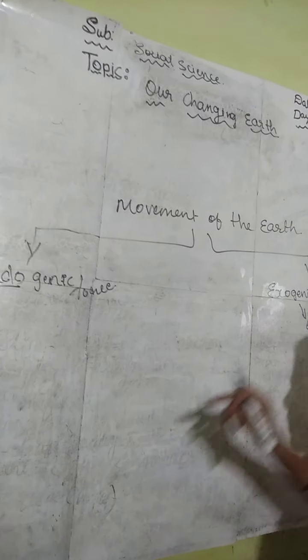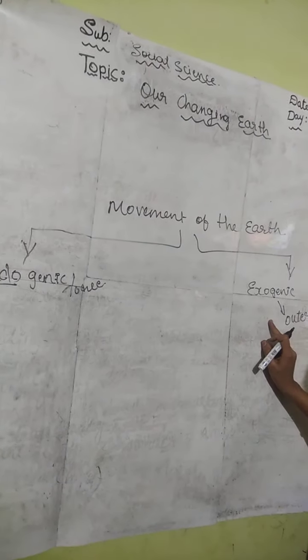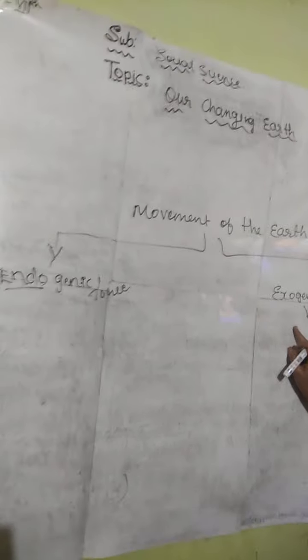Okay, then what is exogenic? Exogenic means the forces which work on the surface of the earth.